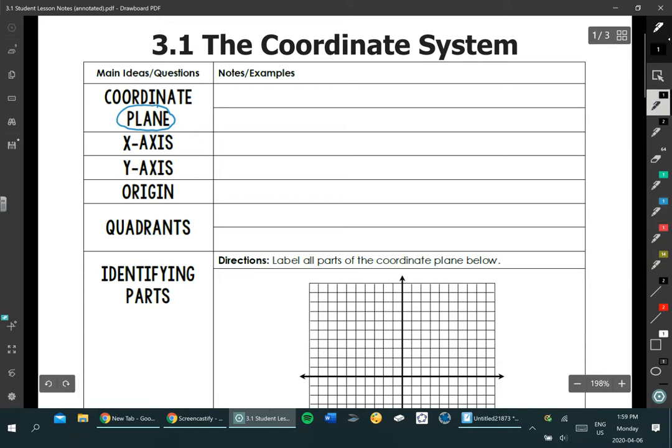So what is the coordinate system? Well, it's formed by the intersection of a horizontal number line and a vertical number line.